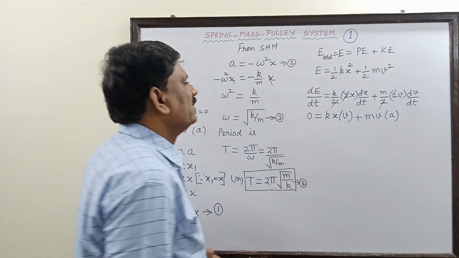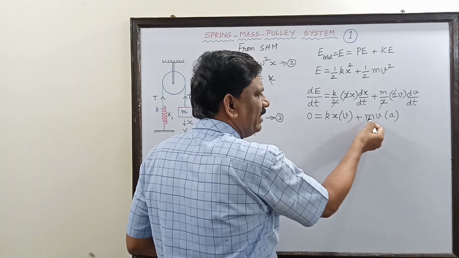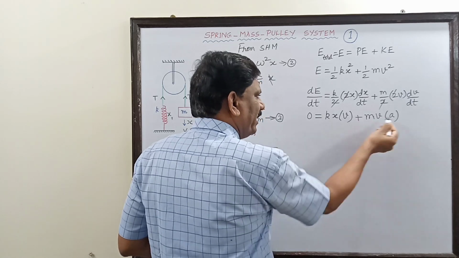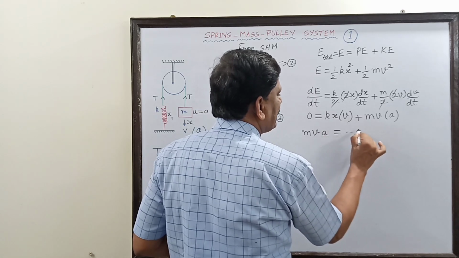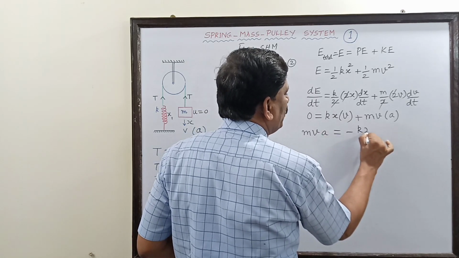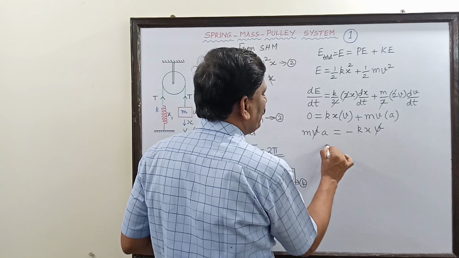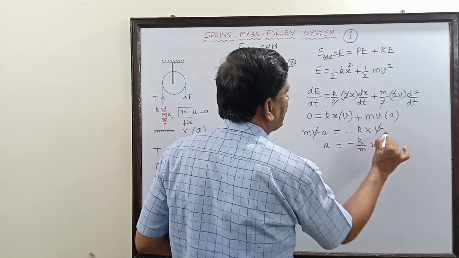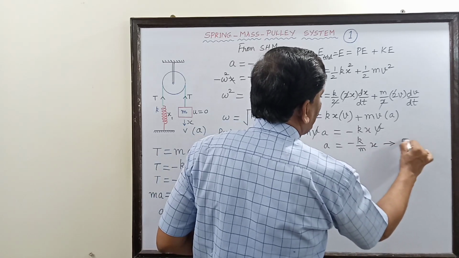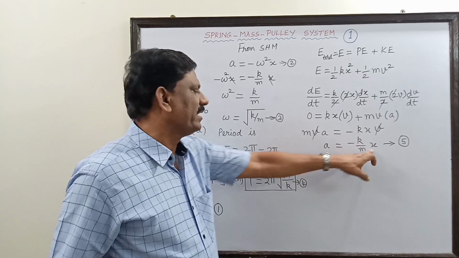Now I take the left hand side 0, so m v a on one side, and the other side will be minus k into x into v. So this v and v get cancelled, therefore acceleration is equal to minus k by m into x. So this is our equation number 5.